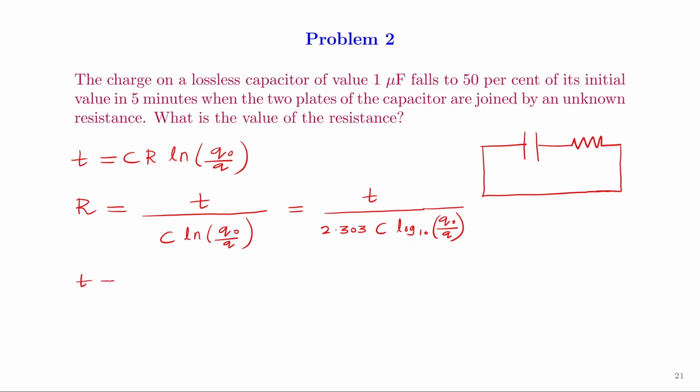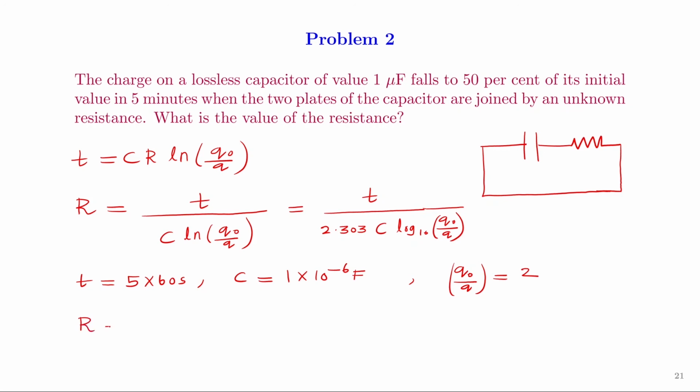Given that time t equal to 5 times 60 seconds, the capacitance C equal to 1 times 10 raised to minus 6 farads, and q0 over q equal to 2.